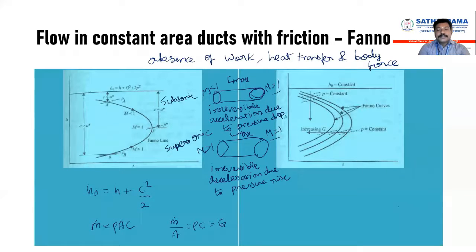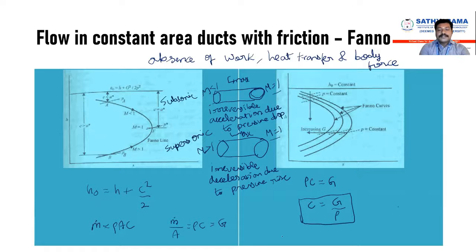So G is nothing but mass density, or mass velocity. This is given by the notation rho C, so rho C is equal to G, and then C is equal to G by rho. So mass velocity divided by density of the flow gives the velocity of the flow.